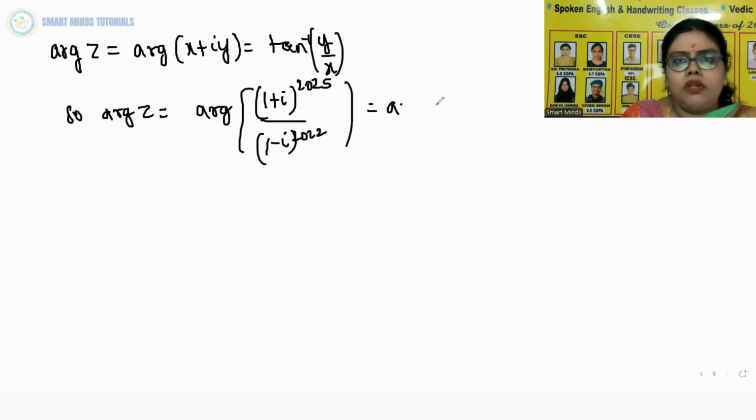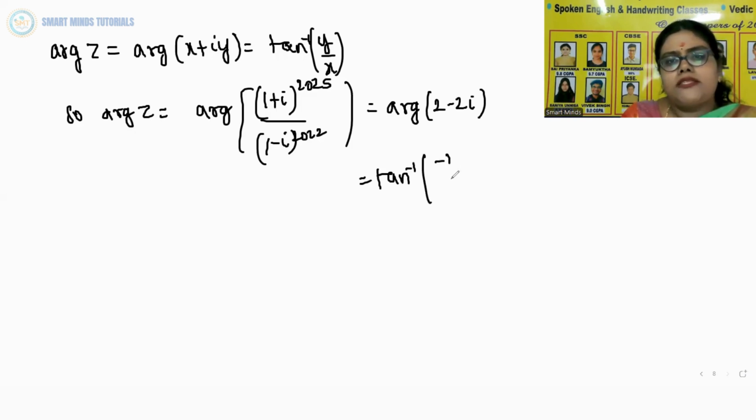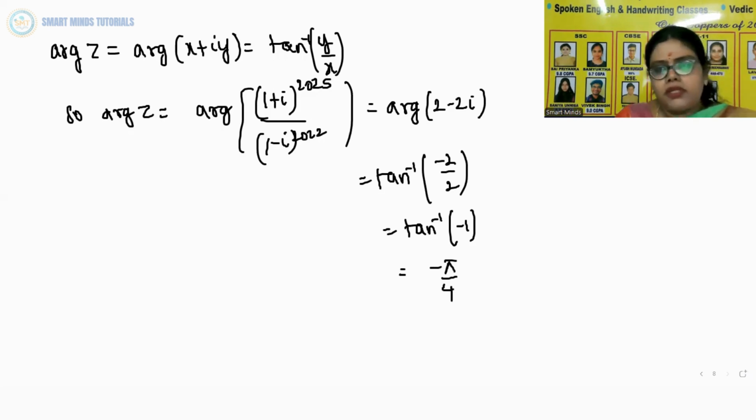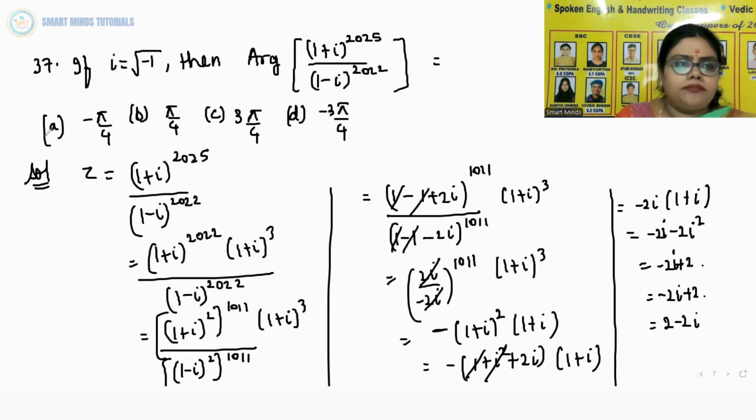So that is equal to argument 2 minus 2i. So that is equal to tan inverse. What is y here? y is minus 2, by x is 2. So that is tan inverse of minus 1. Tan inverse of minus 1 is minus pi by 4. That is option A.